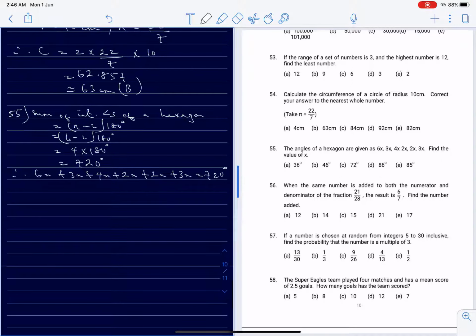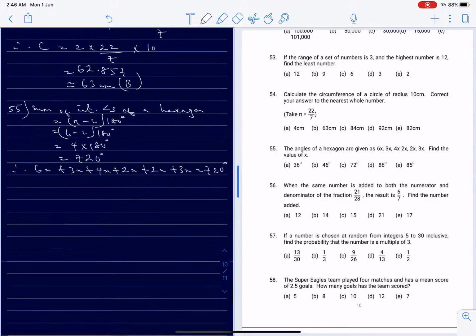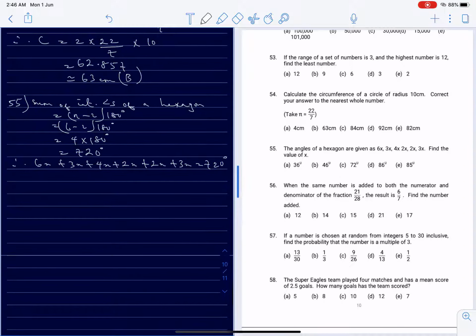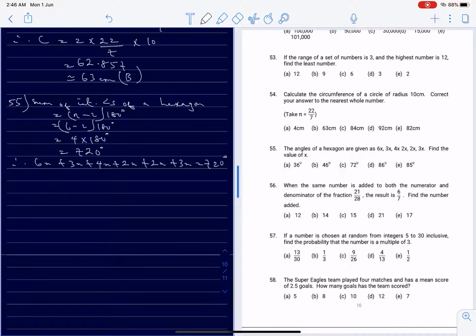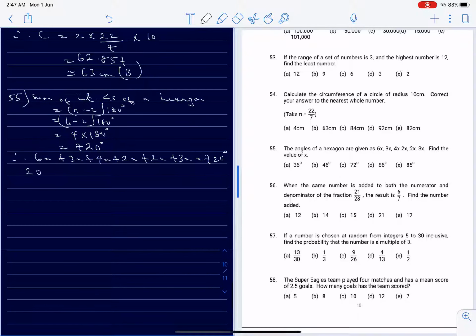6x plus 3x, you have to be careful, plus 4x plus 2x plus 2x plus 3x equals 720. And that's 9x, 13x, 15x, 17x, 20x. That means 20x equals 720.